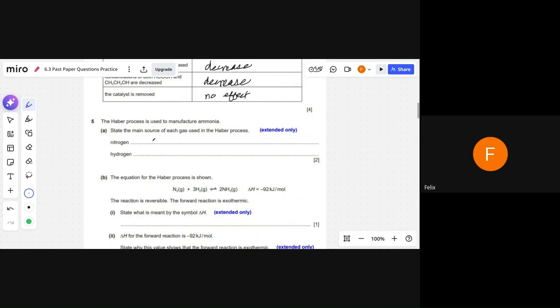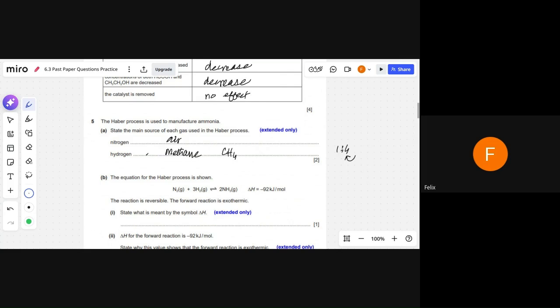Nitrogen we source from air, because we have 78% of it in air, and hydrogen is sourced from methane, because methane has 4 hydrogen atoms per molecule compared to 1 carbon. So the ratio is 1 to 4, and we have lots of hydrogen atoms per molecule, so we use methane gas. I hope this is clear.